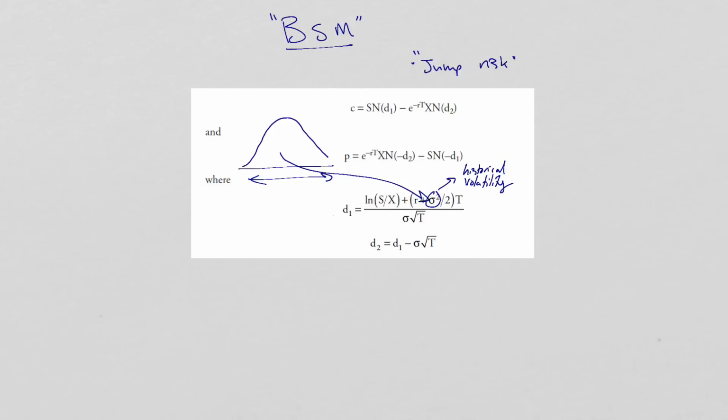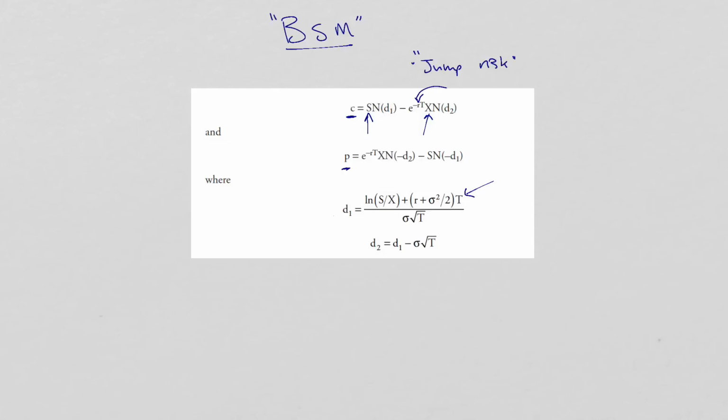Everything else you see in this model, you can actually observe, and it's factual and accurate. You can see right now what the stock price is. You can see right now what the strike price is for this particular call option. Same thing with the put. You know the time to expiration, and you actually know R too, the risk-free rate over the duration of time t, very easy to just go look online to see what treasury rates are.